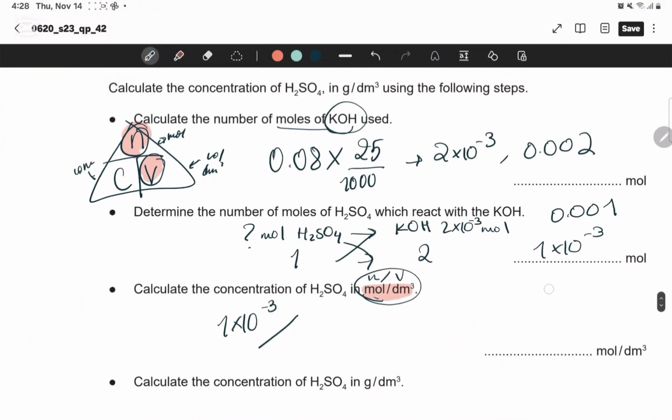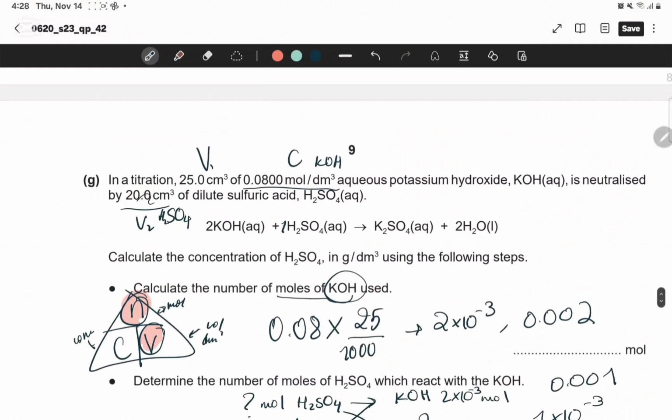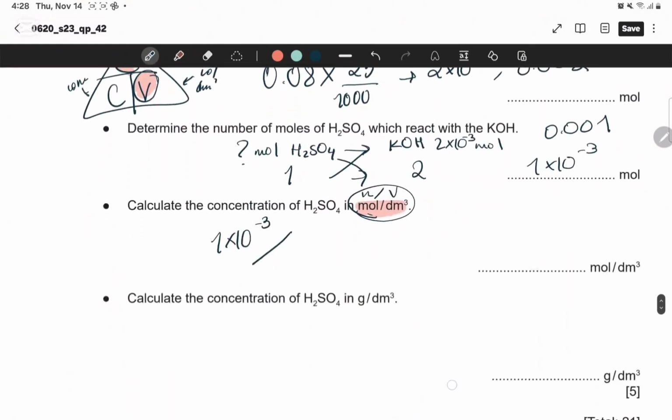How much is the volume of H2SO4? It's 20 centimeters cubed. Now can we keep it in centimeters cubed? No, we have to divide by 1000. Then you're going to get 0.05 or 5 times 10 to the power of negative 2.